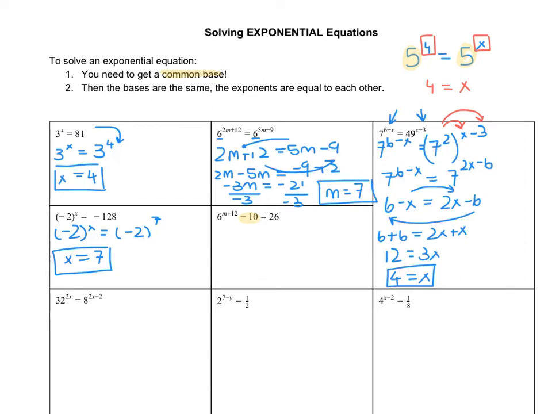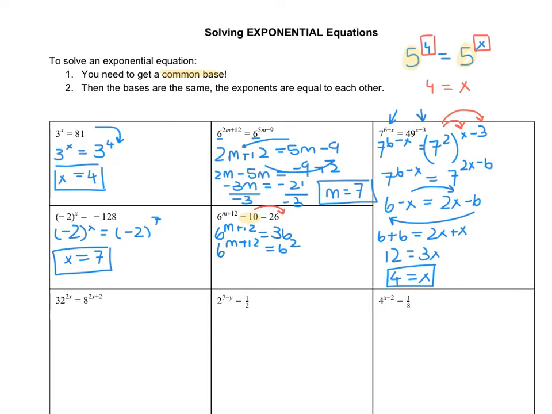So my first step here, before I'm back to basics, is to bring this negative 10 to the right to join the 26, so that I have 6 to the power of 6m plus 12 equals 26 plus 10, which is 36. This is actually perfect because 26, I couldn't do anything with it, but 36 is the same as 6 squared. So I'm going to go ahead and do that modification.